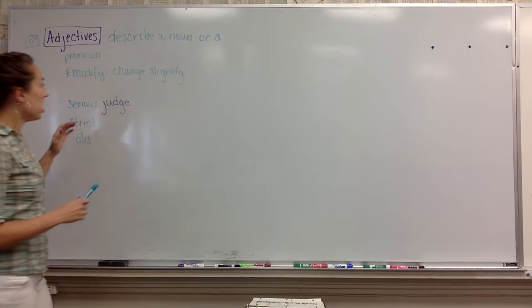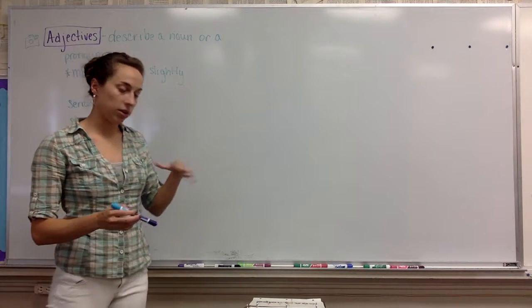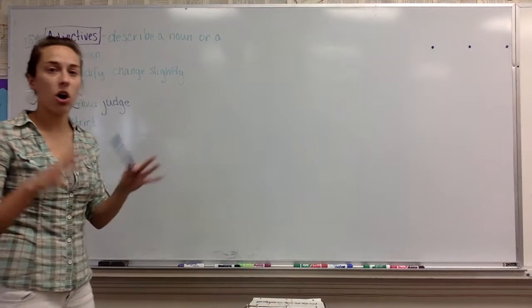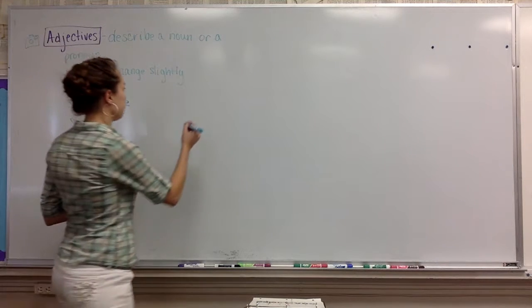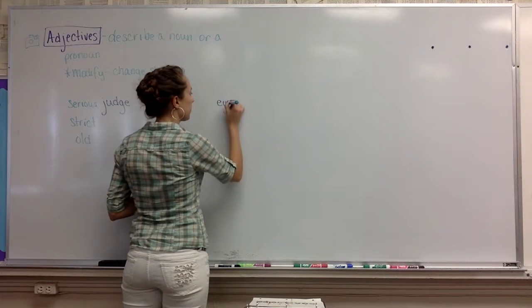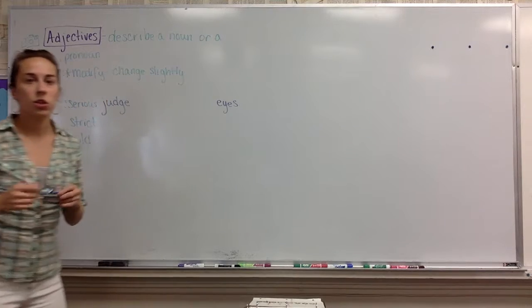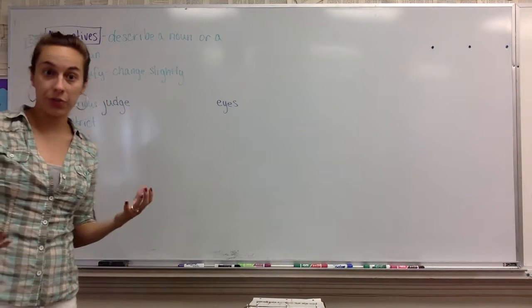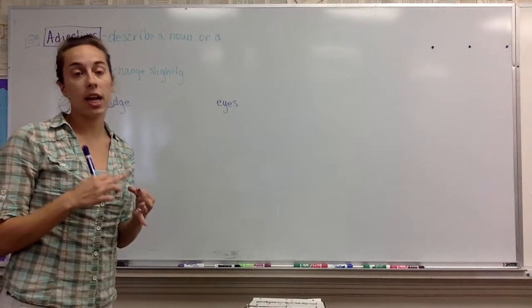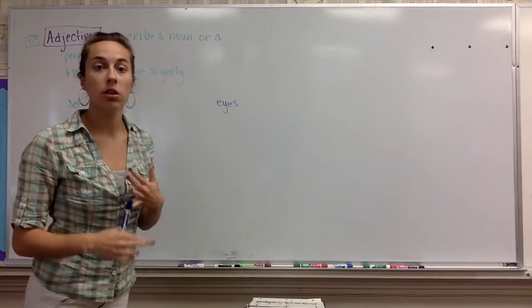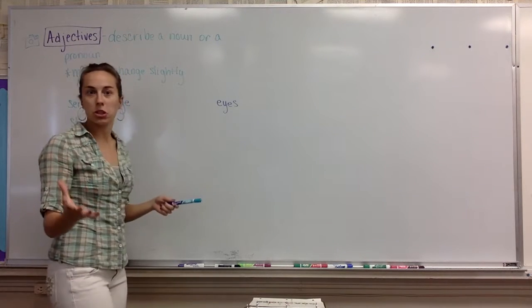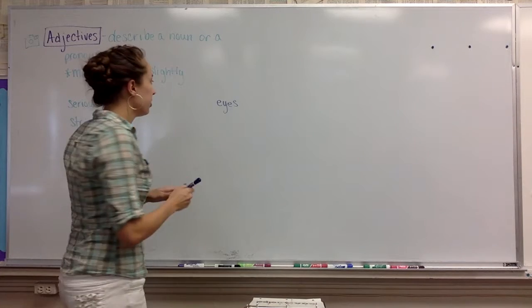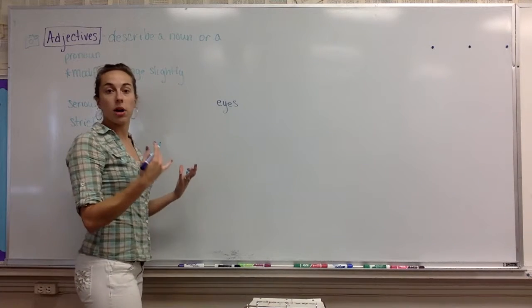Okay? Our next noun that we're going to talk about, let's describe eyes. There's all sorts of different kinds of eyes. So right away you might think of colors. We have, of course, the green, hazel, brown, blue, whatever other colors there might be. I'm sorry if I left you out. So my eyes are blue, so I'm just going to put blue.